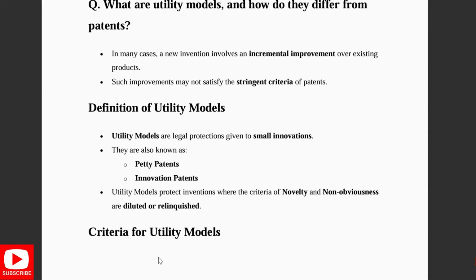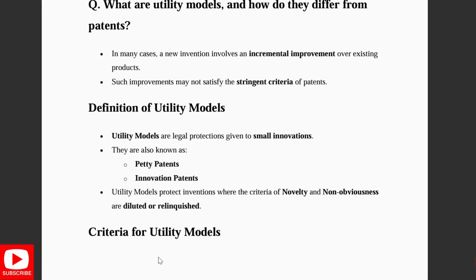In many cases, an invention involves an incremental improvement over an existing product. Such improvements may not satisfy the stringent criteria of patents. So the definition of this is legal protection given to small innovations, like petty patents, innovation patents.